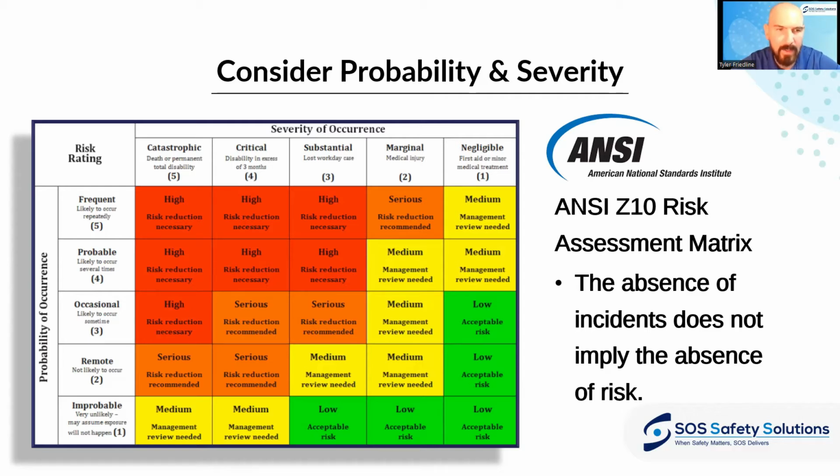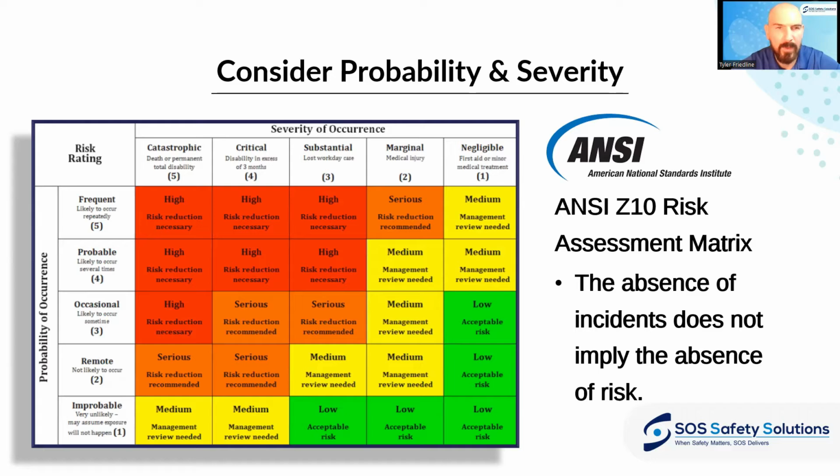And then on the y-axis, the probability of occurrence, we have frequent, it's likely to occur repeatedly; probable, likely to occur several times; occasional, likely to occur sometime; remote, not likely to occur at all; and improbable is very unlikely, may assume exposure will not happen.